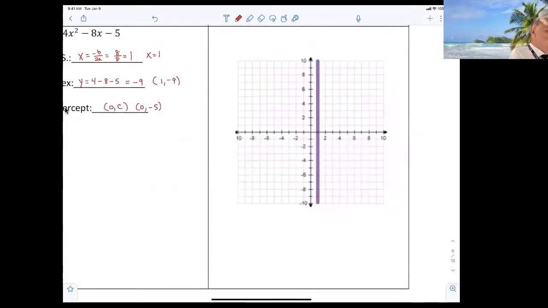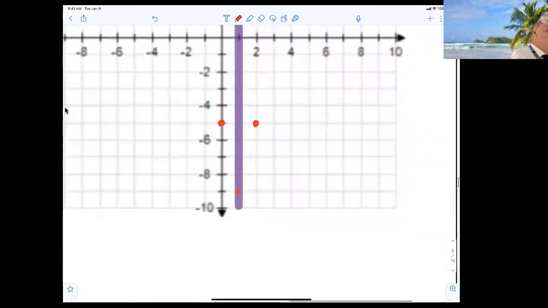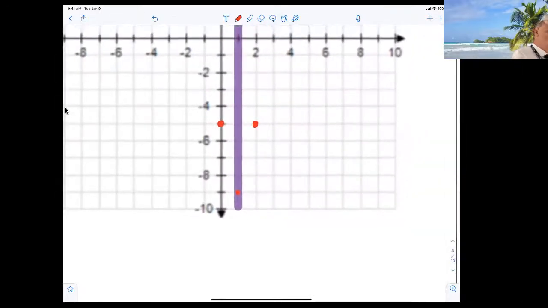Y-intercept. 0, negative 5. So how far away are we? 1. So there's the outline. Now let's try to graph it.